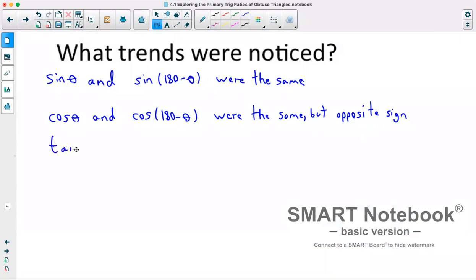And tan of our angle and tan of 180 minus our angle were the same but opposite sign.